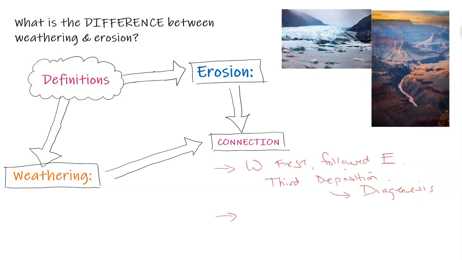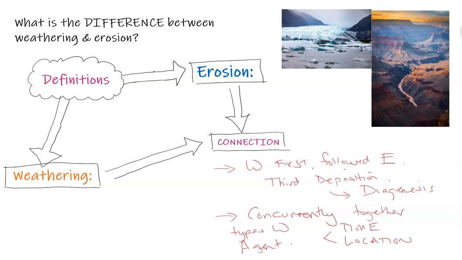Well, these can work concurrently together, both at the same time and same location, using the same types of weathering techniques, and also the same type of erosional agent. So again, there is that step-by-step process, but they also work together in tandem.